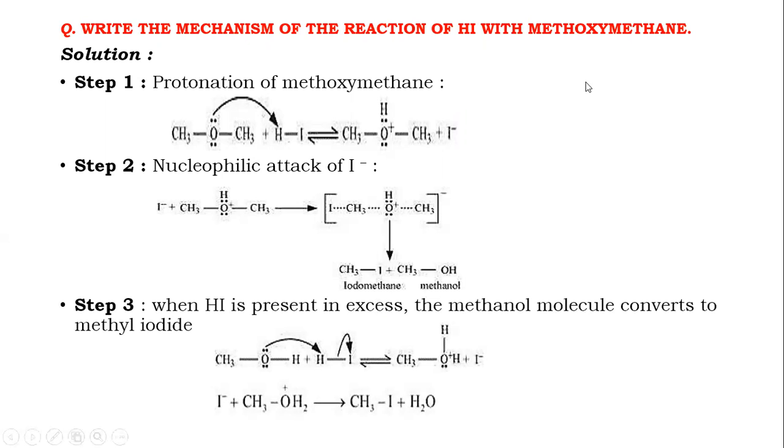For example, the methanol so formed will again react with HI to form methyl iodide. Since we know the oxygen contains lone pairs of electrons, these electrons attack the proton obtained from hydrogen iodide.